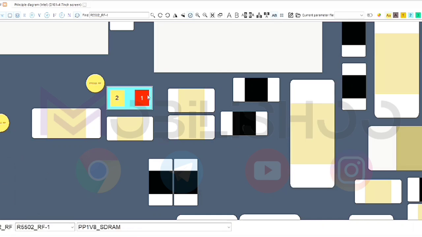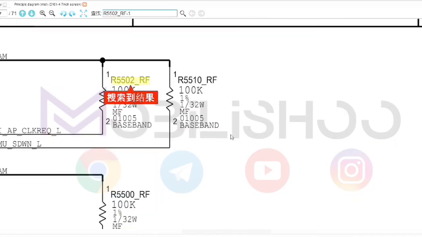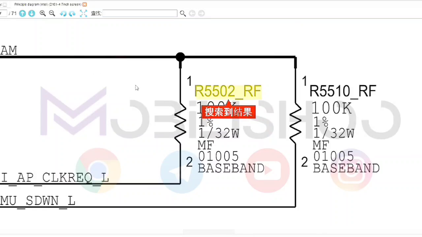Let's get into the discussion of the map. As you can see, the resistor is shown on the map. The resistor in the diagram has different parameters. The symbol for the resistor in the diagram is a zigzag. This resistor is in series because both legs are inside the line.